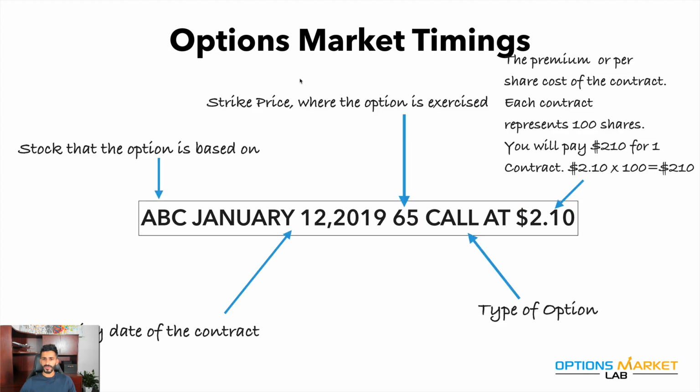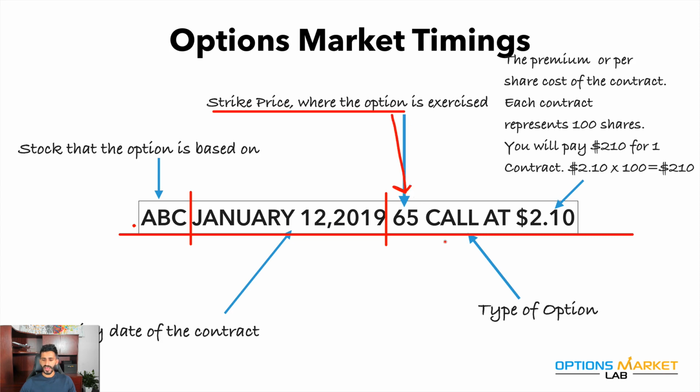Right here is the options breakdown. If you take a look right here, this is how an option breakdown looks. It starts off with the ticker symbol, stock ABC, then it has the expiration time. This option contract is expiring January 12, 2019. Then it has something called the strike price, what price you selected. Then right here, it'll tell you if it's a call or a put, and then at what price.